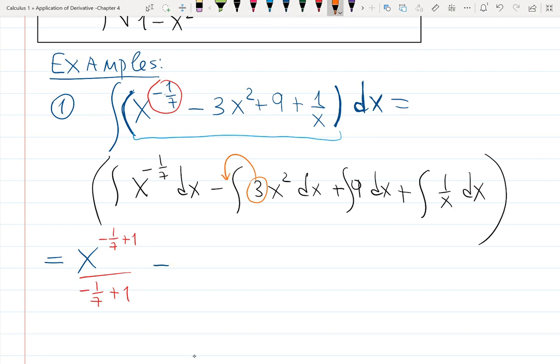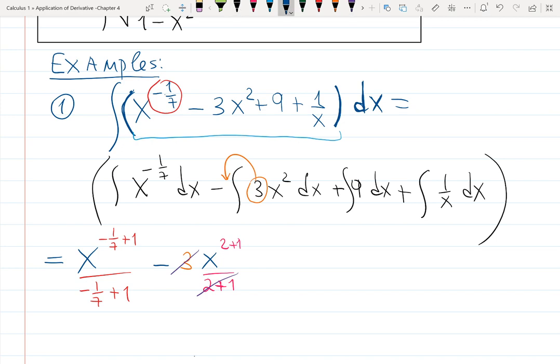The 3 in orange goes out, and then x squared becomes x to the 2 plus 1, over 2 plus 1. So you don't have to make a guess. The formula actually gives you the answer. Even though you know the answer will be x cubed, you still can use the formula, so don't stress out. And that's why this 3 cancels out, and the answer indeed is x cubed.